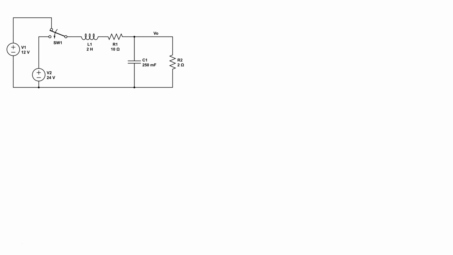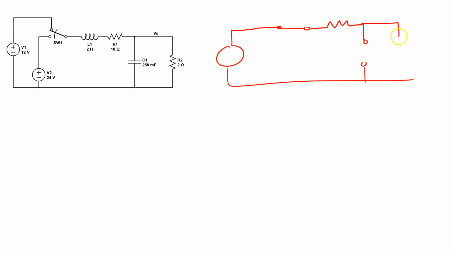If we were connected to the 12 volt source for a very long time, from t equals minus infinity to t equals 0, then we would have the inductor and the capacitor in steady state. So we could redraw this circuit with the inductor as a short circuit and the capacitor as an open circuit, and then we simply have a voltage divider circuit.